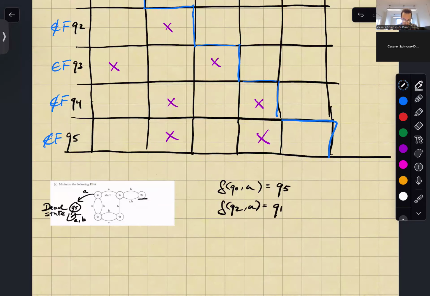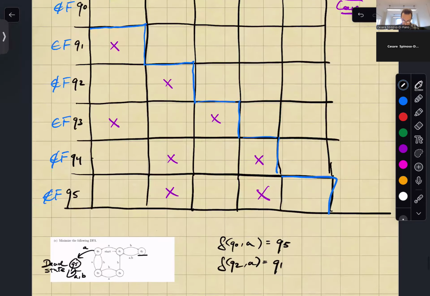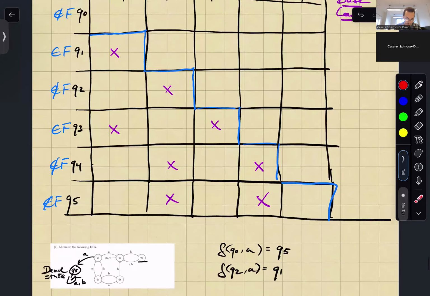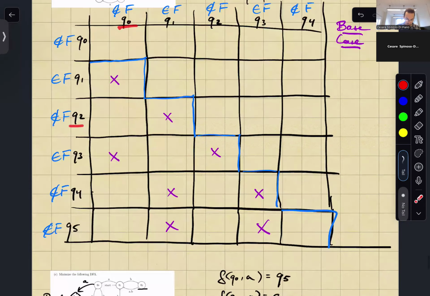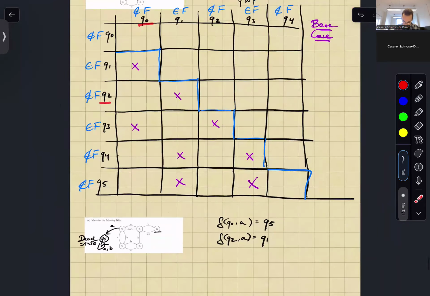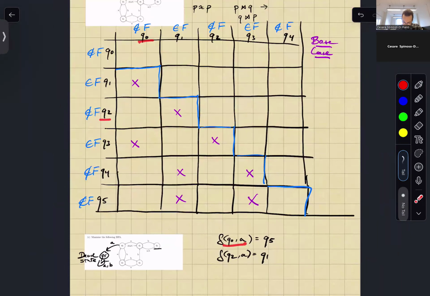But now I can actually do what I wanted to do in the first place, which was to check whether Q2 and Q naught were distinguishable. So Q naught, when it reads an A, goes to Q5, and Q2, when it reads an A, goes to Q1.